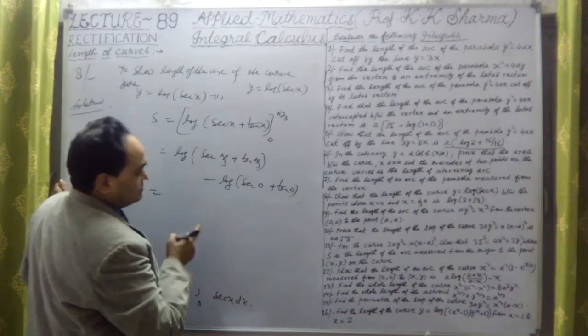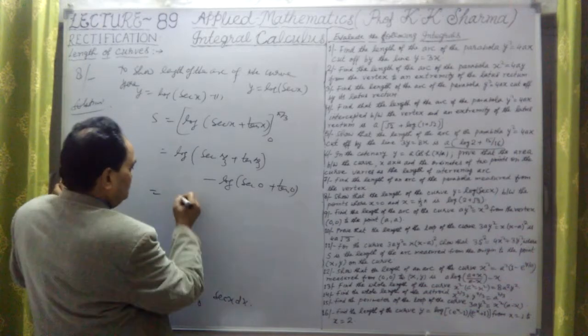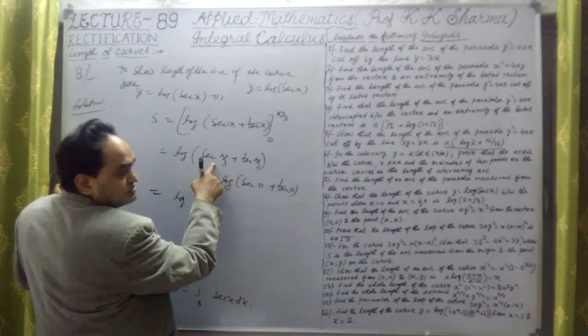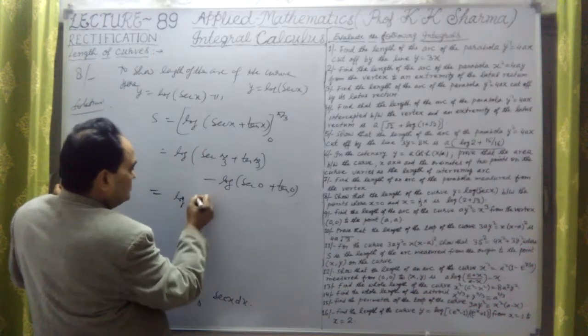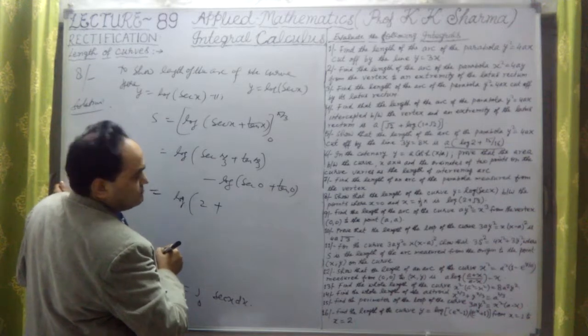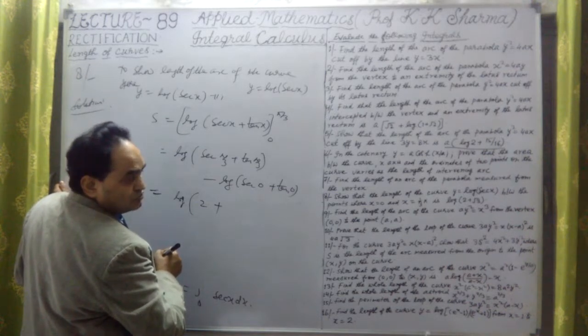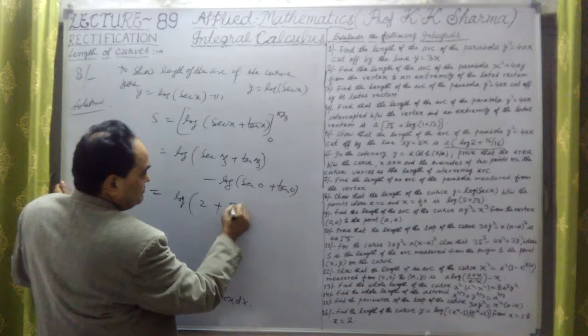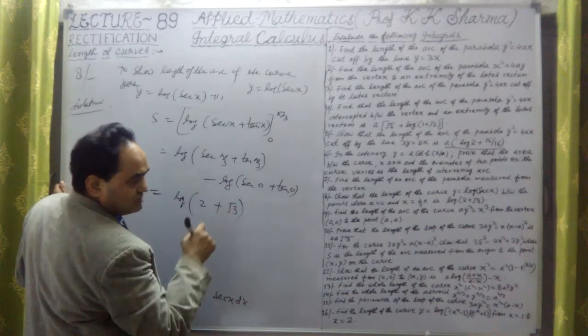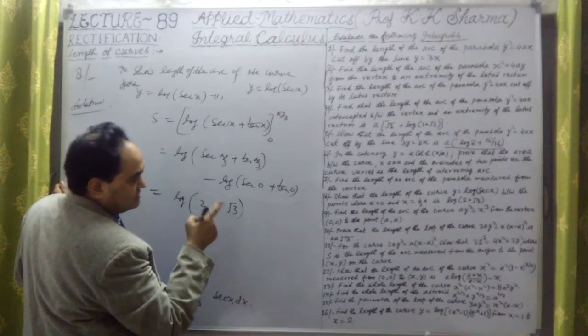Secant pi by 3 is 2, because cos of pi by 3 is 1/2. So it is 2 plus tan pi by 3, this is 60 degree, root 3 only. Because tan 30 degree is 1 by root 3, and tan 60 degree is root 3.